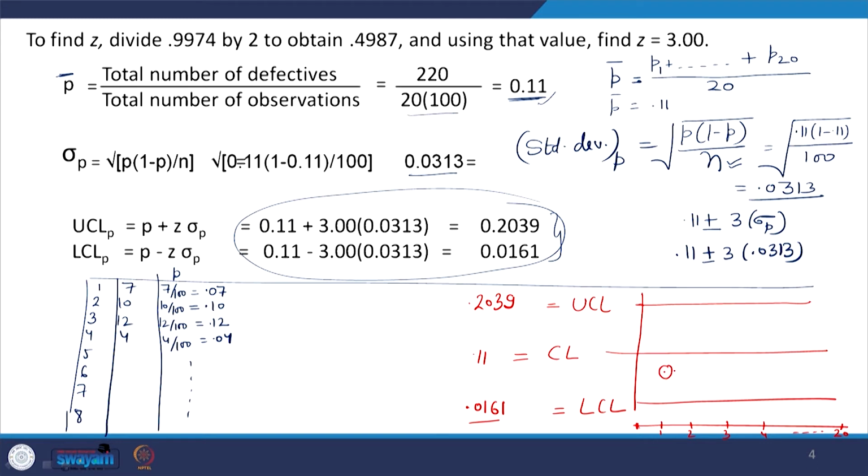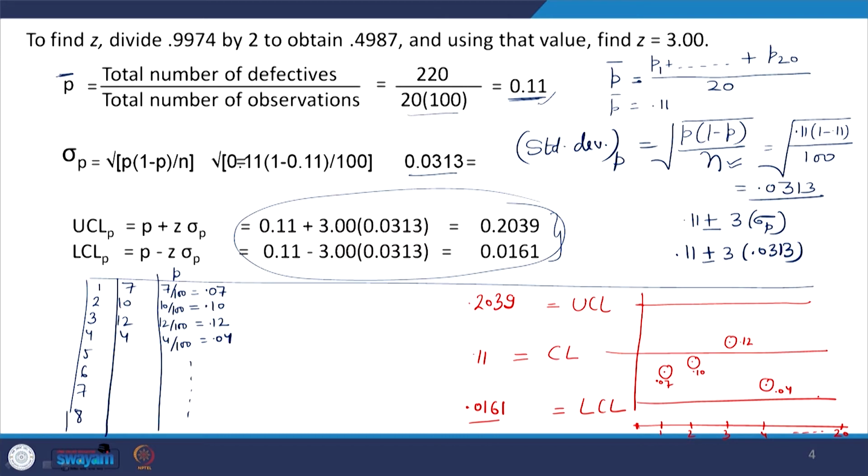The second p value is 0.10. Third is 0.12. Fourth is 0.04. In this way we will plot the different p values.